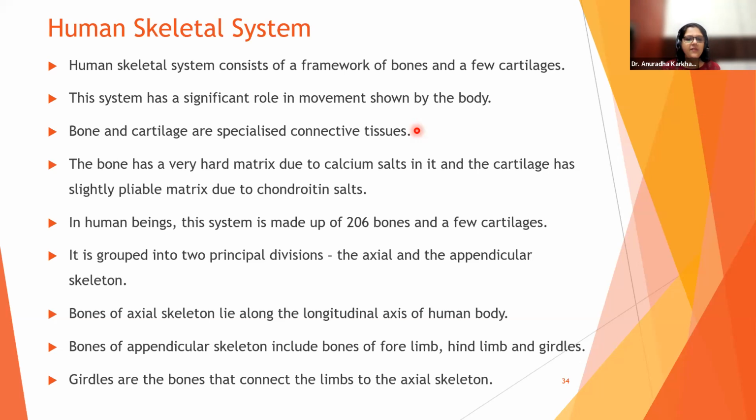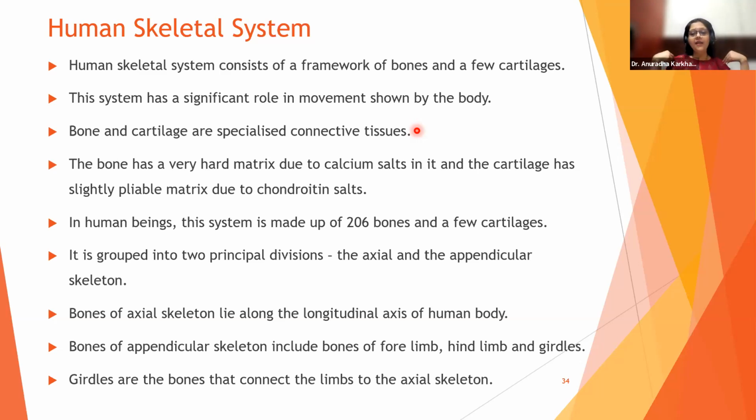Let me complete this slide. Bones of the axial skeleton lie along the longitudinal axis of the human body. So the central part of our skeleton will be called the axial skeleton. Bones of the appendicular skeleton include bones of the forelimbs, hind limbs and girdles.